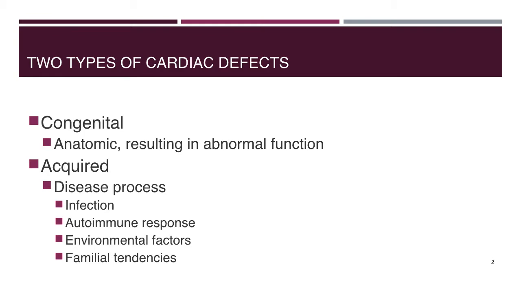And these are usually related to a disease process like infection or autoimmune responses, which have the effect of the inflammatory system attacking the heart muscle and affecting the heart function. Environmental factors can play into dysfunction as well as family tendencies.